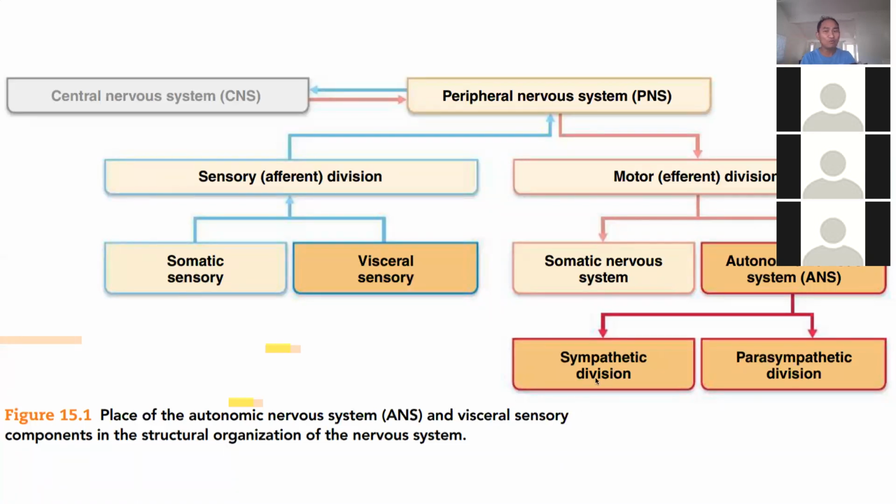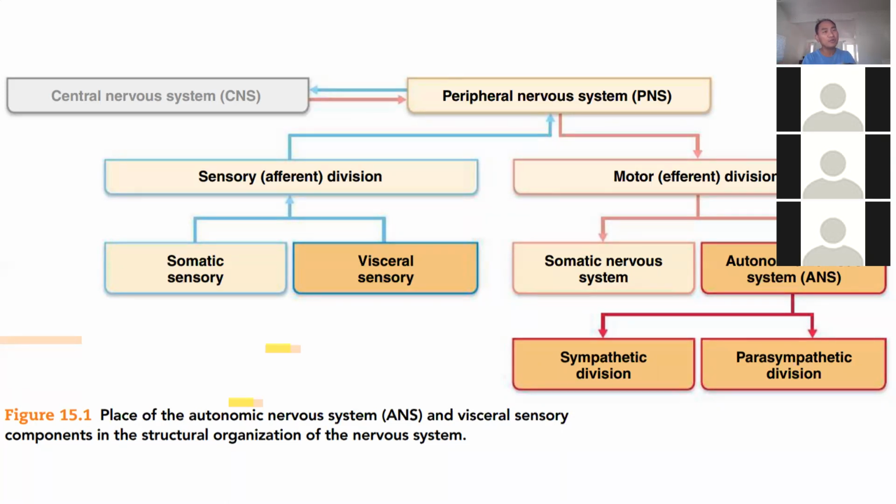Sympathetic division will decrease the motility of the gastrointestinal tract. Parasympathetic will increase the motility of the gastrointestinal tract. So the sympathetic and parasympathetic are under the autonomic nervous system, which is under the motor division, purely motor, nothing to do with sensation.